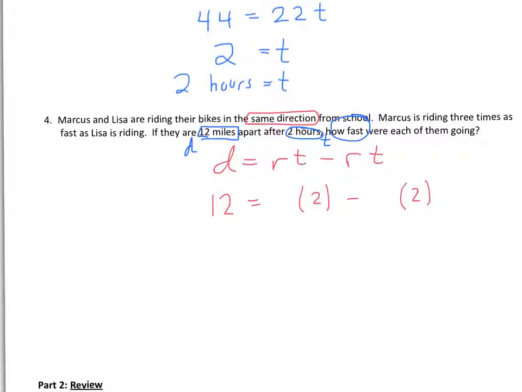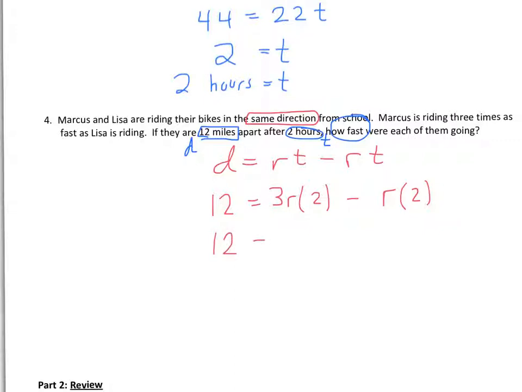So it's the rates we have to talk about here. I'm going to put Lisa's rate as R, and then what would Marcus's rate be if he's 3 times faster? Bree, what's Marcus's rate? Good, Bree. 3R is right.